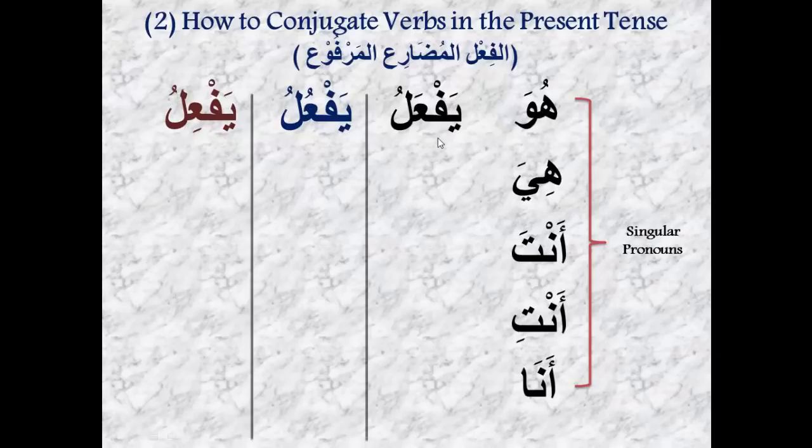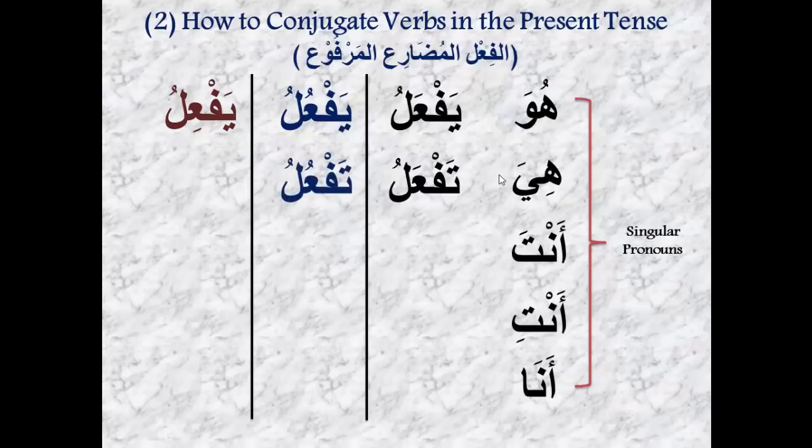Beginning with the singular pronouns, we have on the top huwa, and the 3 different middle vowel variations, yaf'alu, yaf'ulu, or yaf'ilu. Hiya, which means she, is conjugated as taf'alu, or taf'ulu, or taf'ilu. Notice how we've swapped out the ya for a ta. Anta, which means you masculine, is taf'alu, just like it is with hiya. Exact same.